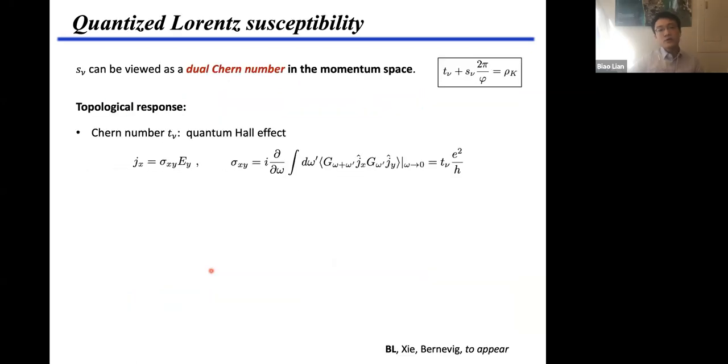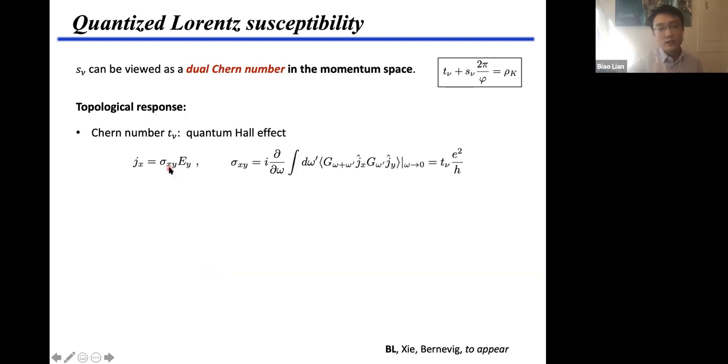Okay, another interesting thing I want to mention is this S nu, as we showed, looks pretty nicely like the Chern number in the Euro sense. So in some sense, it can be understood as a dual Chern number in the momentum space.